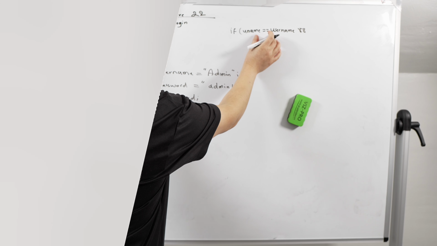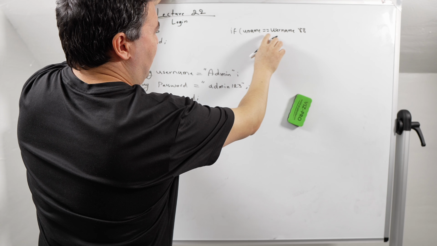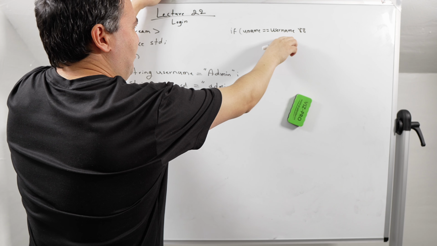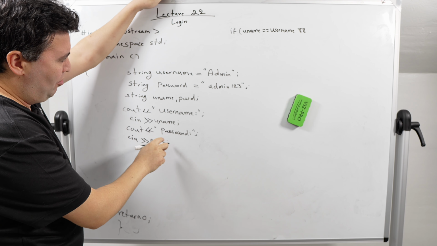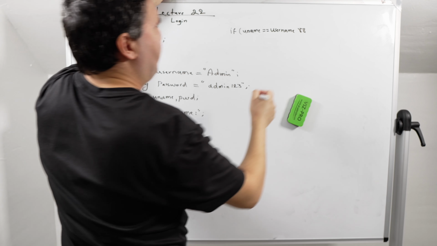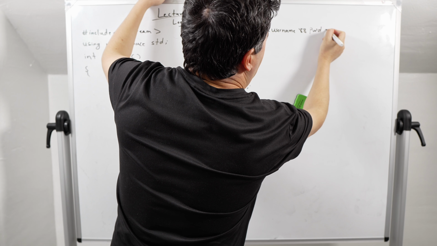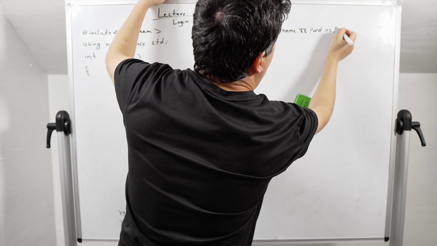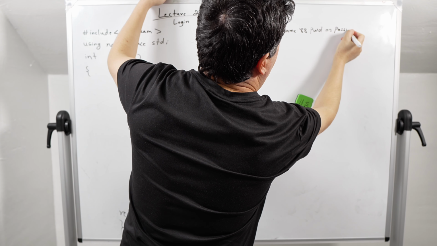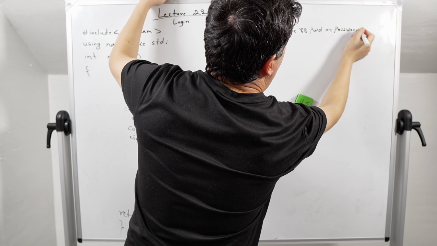The first condition is that the username entered by the user is equal to the username we have in the system, and the password entered by the user, pwd, is equal to the password which we have in the system, password.